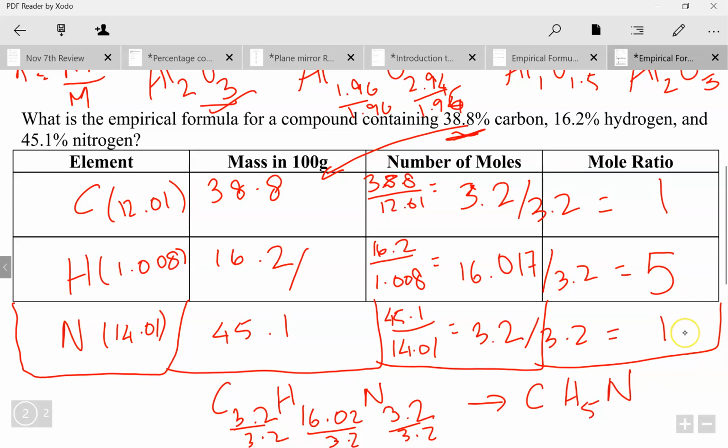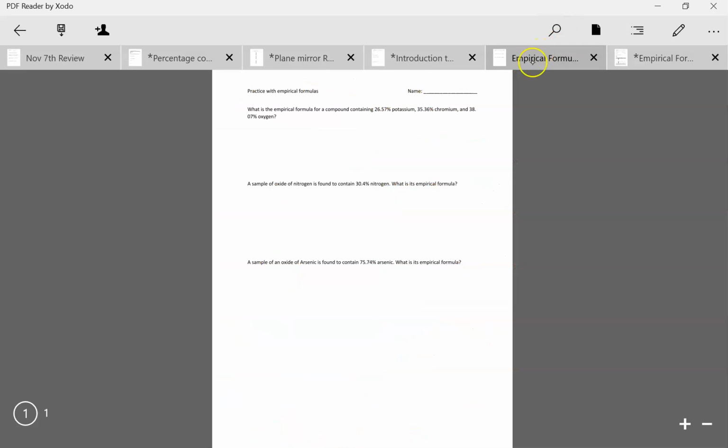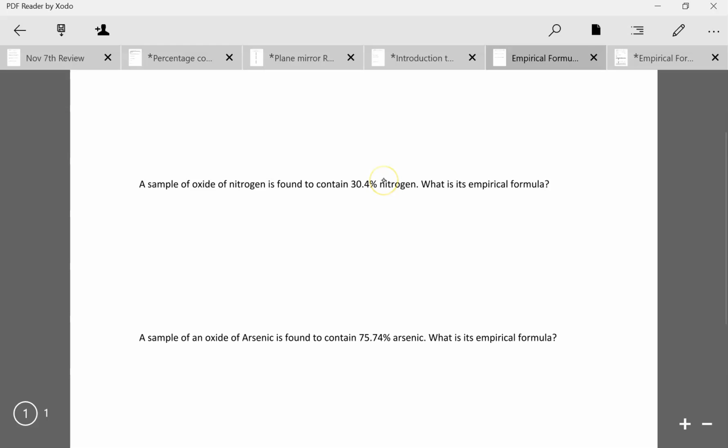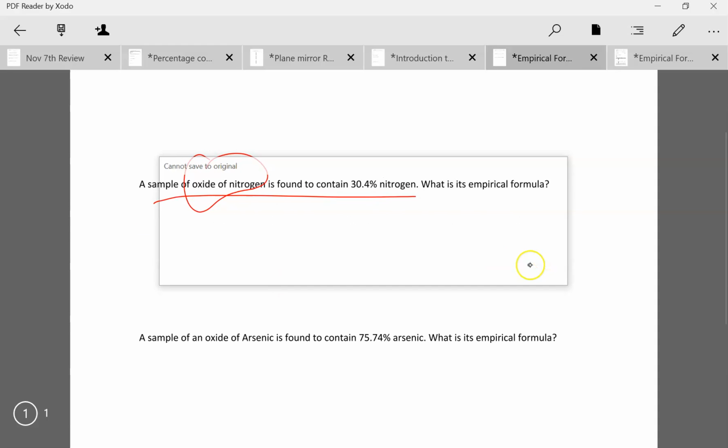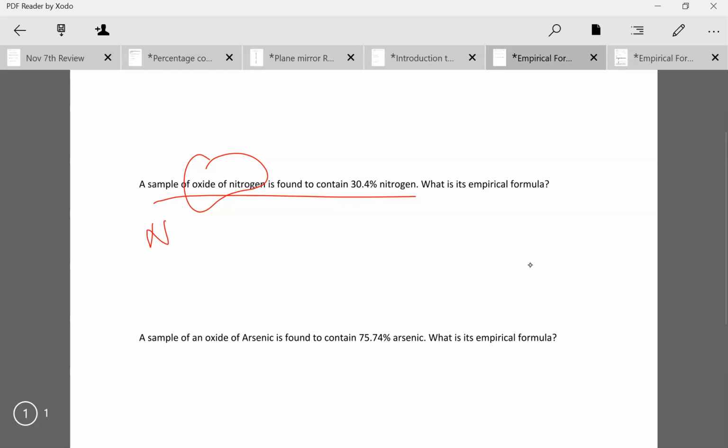So hopefully we've understood how to calculate empirical formula. And one more thing that I will mention is a sample of oxide of nitrogen is found to contain 30.4% nitrogen. So when you're drawing our table, we have nitrogen. Our mass in 100 grams is going to be 30.4 grams.